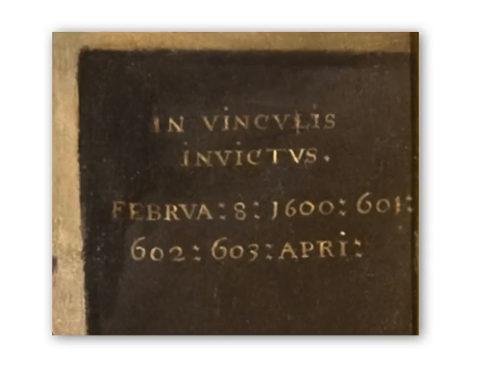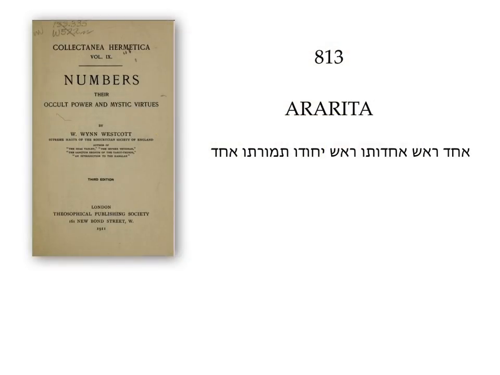Well, here's just a suggestion. It's possible to form a triangle by using the outlines of the words Inviculus Invictus. Within this triangle there are 2 words and the number 813. Now this may be a link to the Kabbalah, which, as I mentioned, is a Jewish mystic philosophy. In 1911, Westcott published a book entitled Numbers, Their Occult Power and Mystic Virtues.